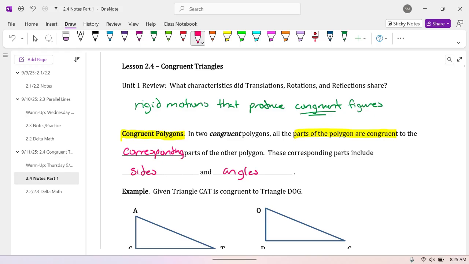All right, and we call it DEF. Is it not true that these two would be congruent to each other?